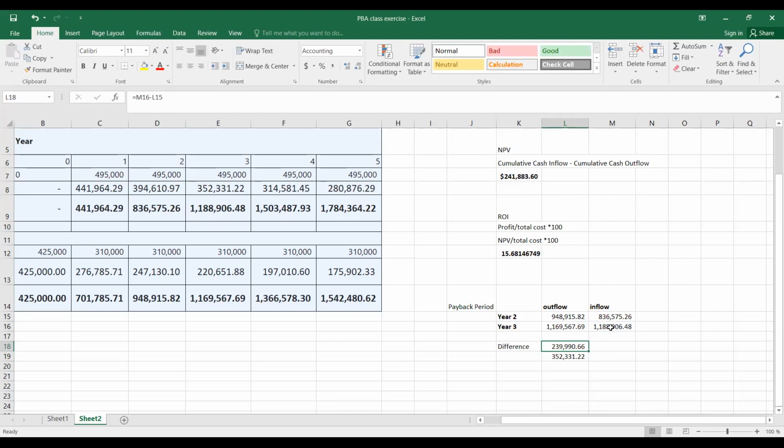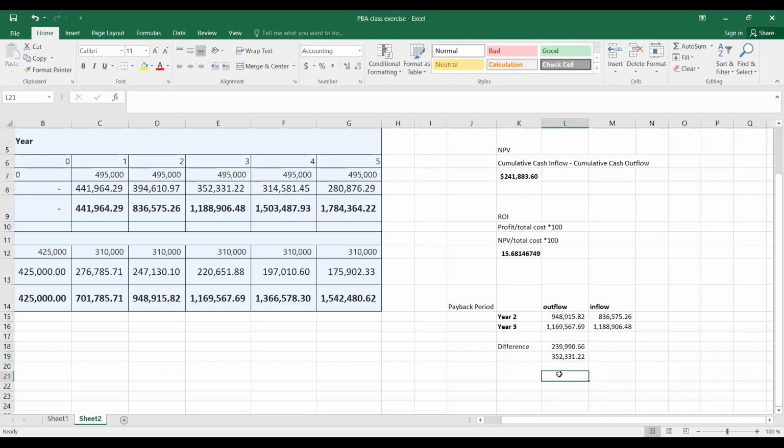Now have a look at this. So how do you calculate this? Your inflow for year 3, you need to subtract it with year 2 outflow. So what you're trying to do is figure out the difference between these two. Once you have that value, which is 239,990.66, you want to find out what is your monthly income from this value.